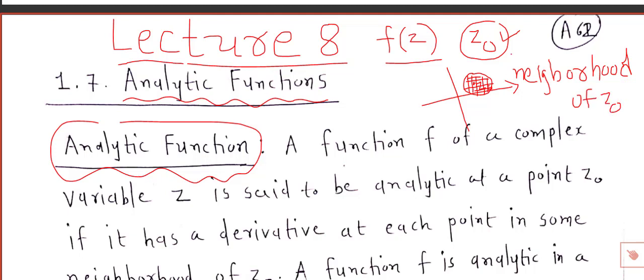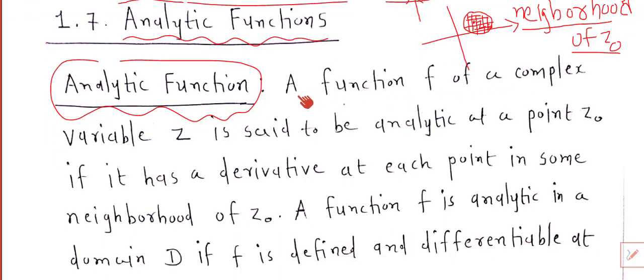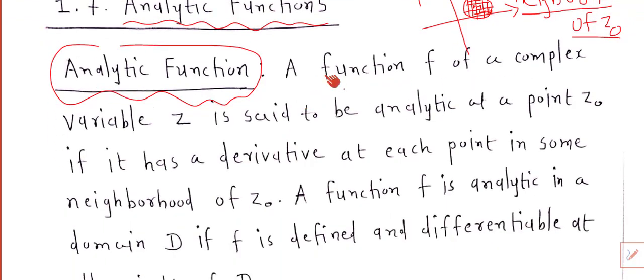So in other words, the function f of z is analytic at point z0 if there exists at least one neighborhood of z0 such that the function is differentiable at every point in that neighborhood. So this is the definition of an analytic function.